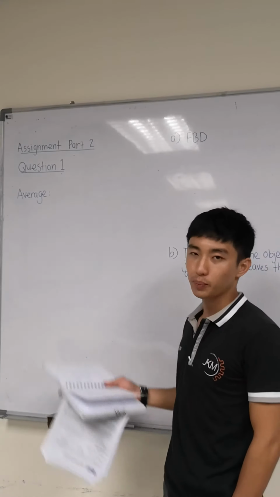Now we proceed to B. The question asks us to find the speed of the object before it leaves the surface at B. First, we take the formula from the question paper of this assignment, which is the sum of TA plus the sum of UAB is equal to the sum of TB.